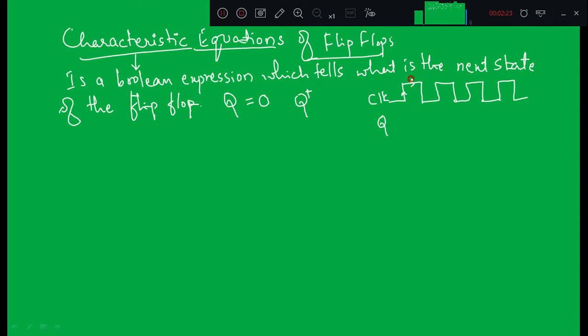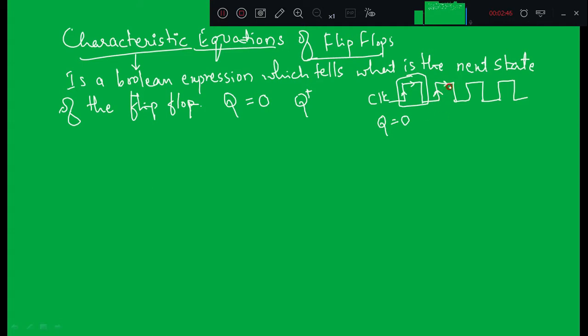When we apply the first clock pulse, the state of the flip-flop will be noted. Let us say Q is equal to 0. So what will the flip-flop store when we apply the next positive edge or a high level?